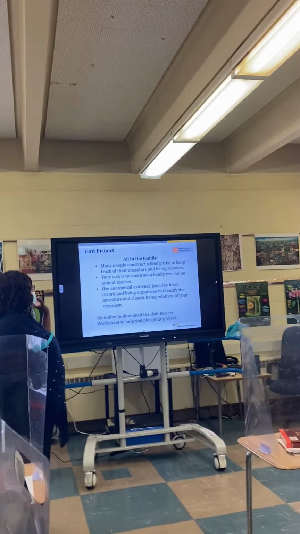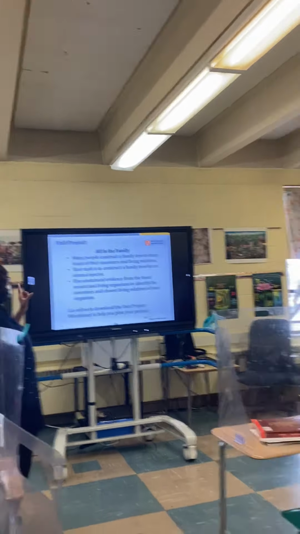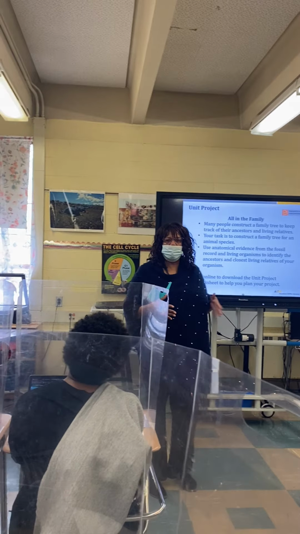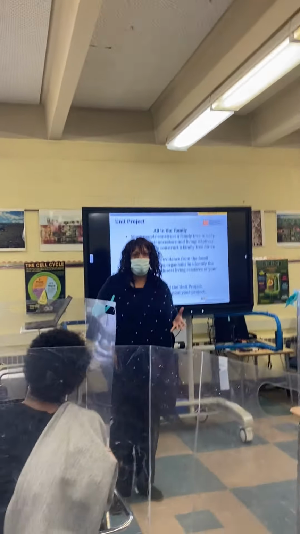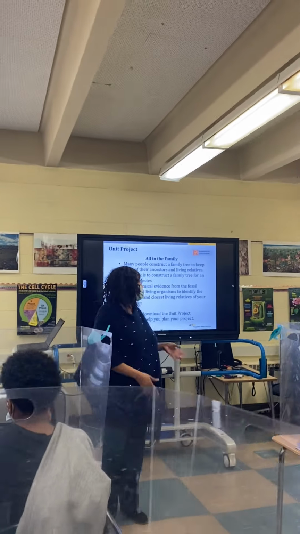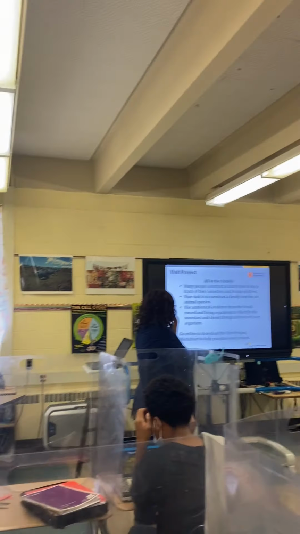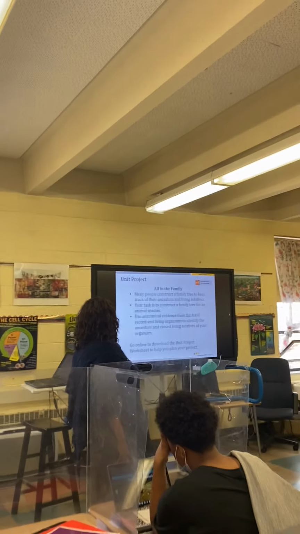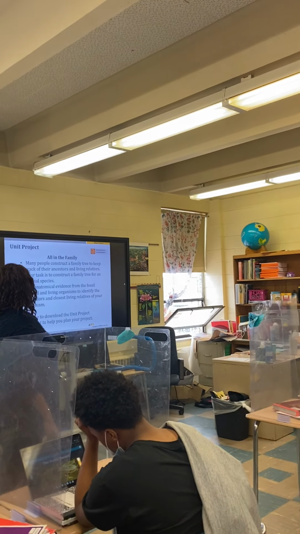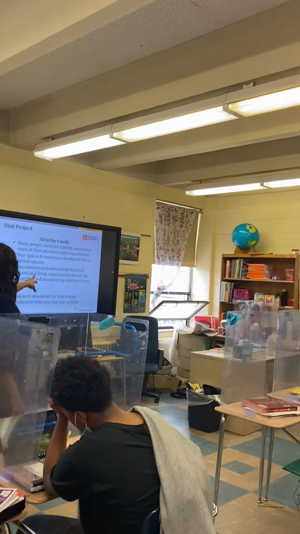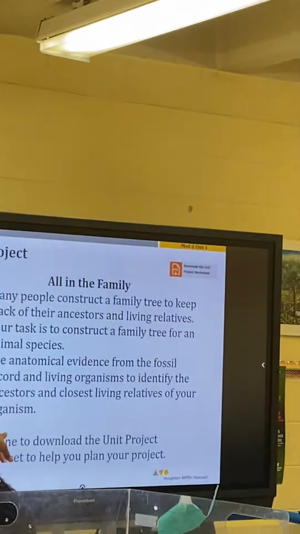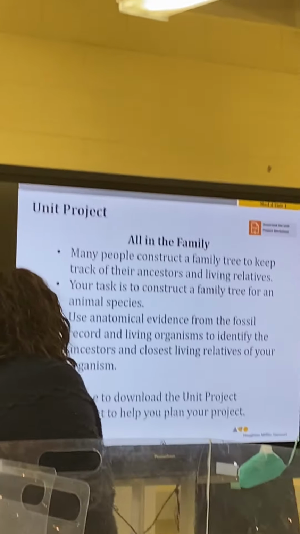That means different parts of the animal's body, whether it's the skeletal portion, the spinal cord, any type of part of the animal. That's the evidence that they're looking for.